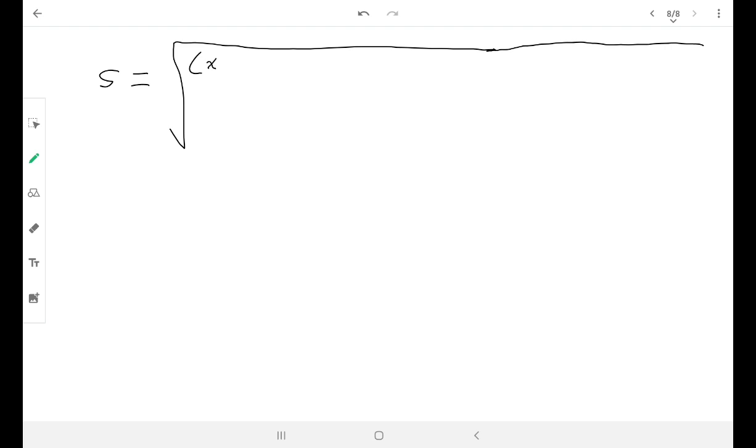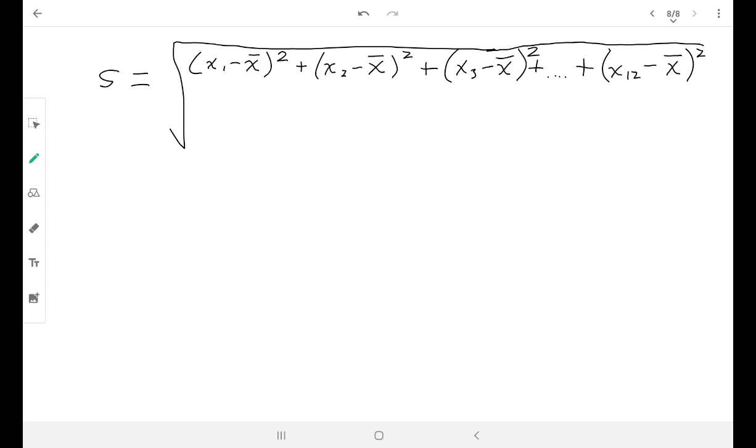We're going to do x1 minus the average squared plus x2 minus the average squared plus x3 minus the average squared plus more and more and more until we get to x12 minus the average squared, all of those squared, and then we're going to divide it by 12 samples minus 1, so 11.